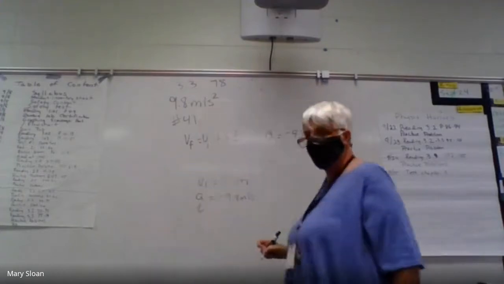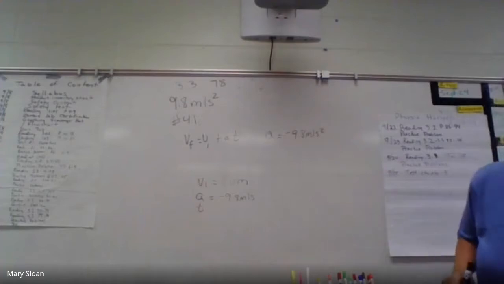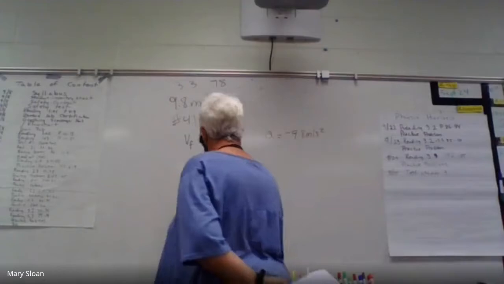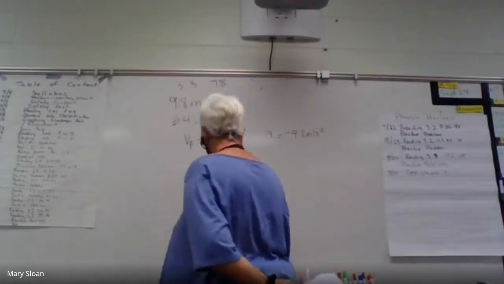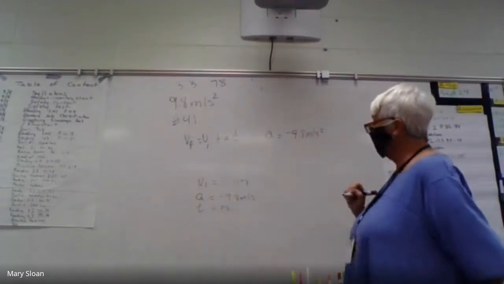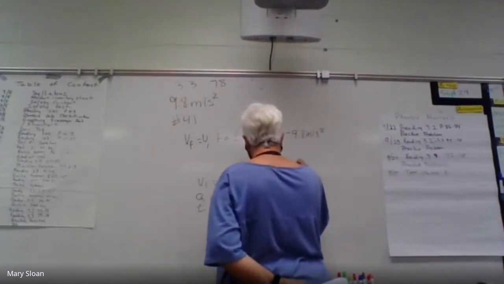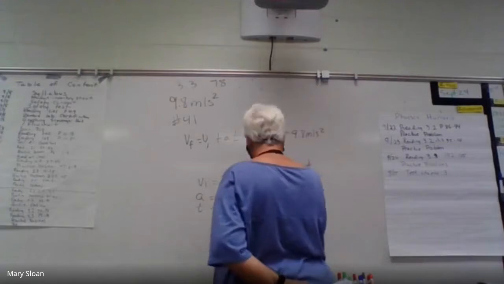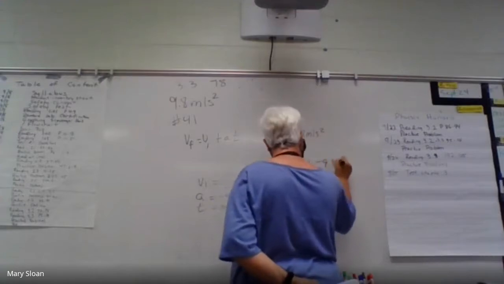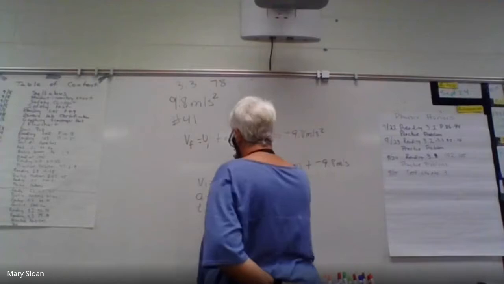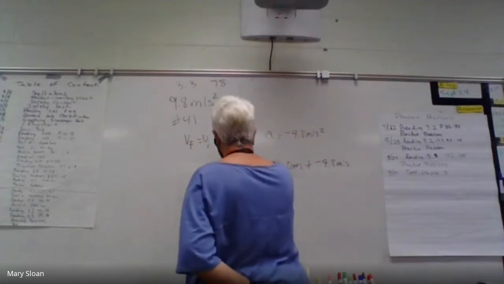The only thing we got is time left. How long was it? 4 seconds. Okay? So we just got to plug this in, don't we? Yes, ma'am. So we're going to do 0.0 meters per second plus negative 9.8 meters per second squared, and we're going to times that by time.